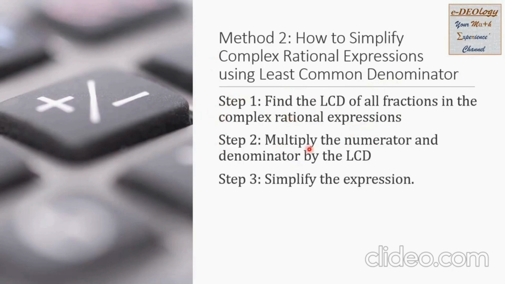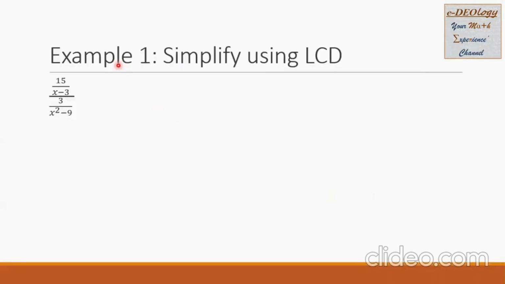Step 2, multiply the numerator and denominator by the LCD. Step 3, simplify the expression. Let us have example 1, simplify using LCD. This is actually the same example that we had in our method 1, so we will solve it again using the method 2.